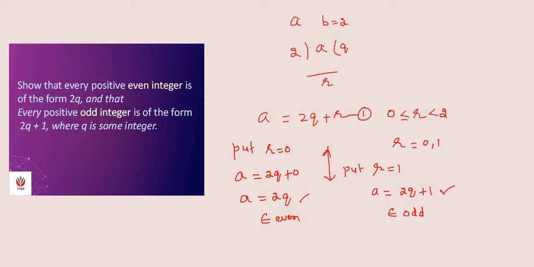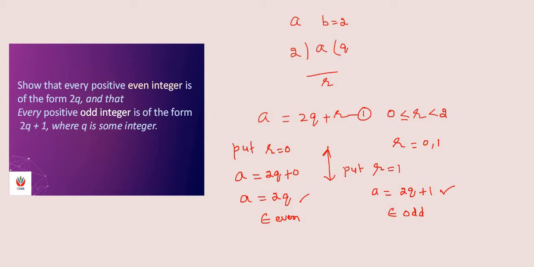Let us take a and b as two numbers. Here we take b is equal to 2. This b is equal to 2 is very important. This b changes from sum to sum. If you apply the division lemma, a divided by 2, you are getting some quotient and some remainder. In equation form, a is equal to 2q plus r, where r takes the values between 0 and 2, not 2.